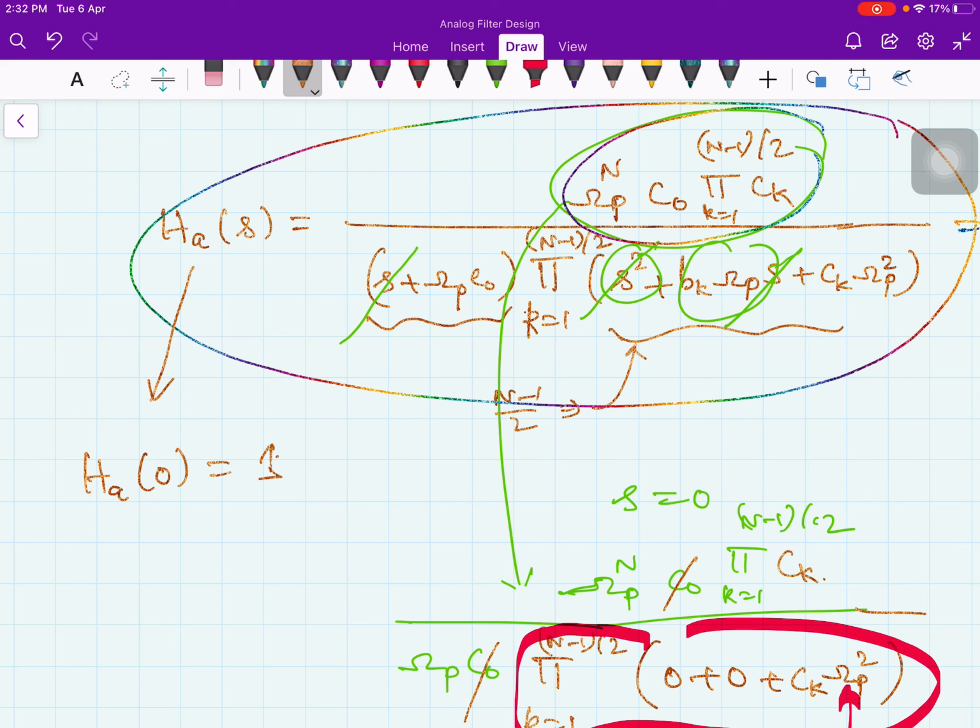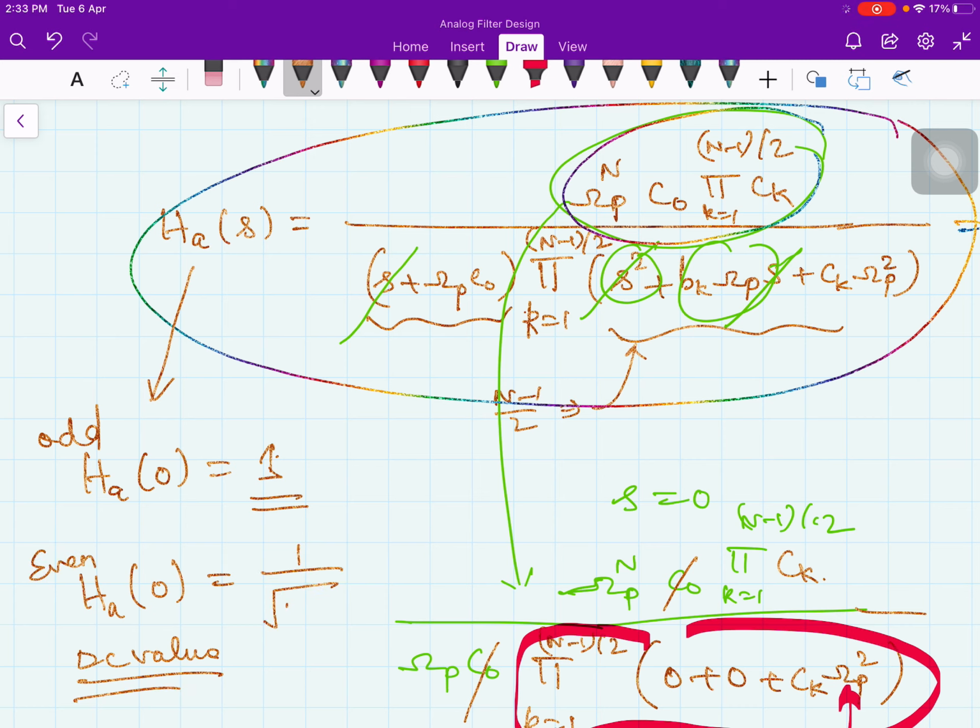Therefore for an odd order Chebyshev filter, what is the DC value? 1. In case you recall, for an even ordered Chebyshev filter, what is the DC value? This is for odd order. If it is even, if you recall, that is going to be 1 divided by square root of 1 plus epsilon squared. Okay, you must remember this.